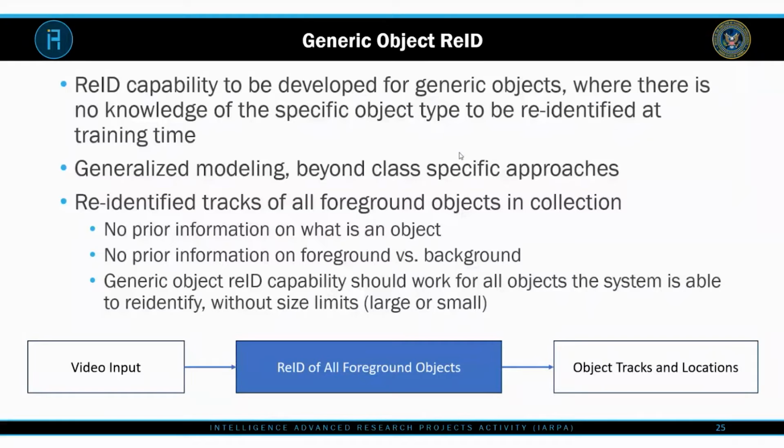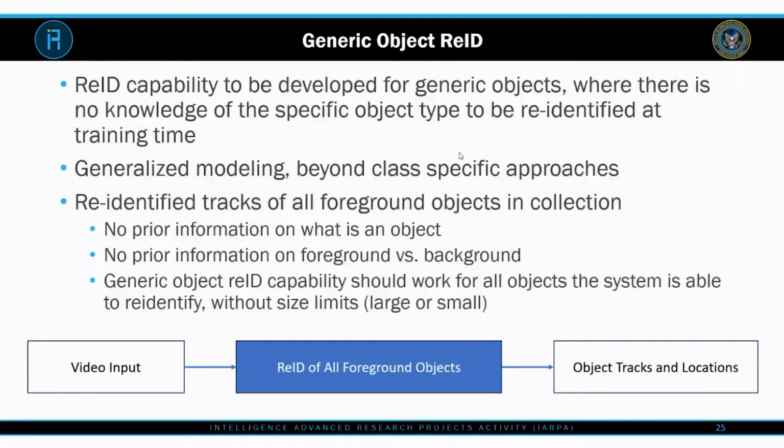And we're looking for re-identified tracks of all foreground objects in the collection, where there's no prior information on what is an object, no prior information on what is foreground versus background. And the generic object re-ID capability should work for all objects the system is able to re-identify without size limits, whether they are large or whether they are small.